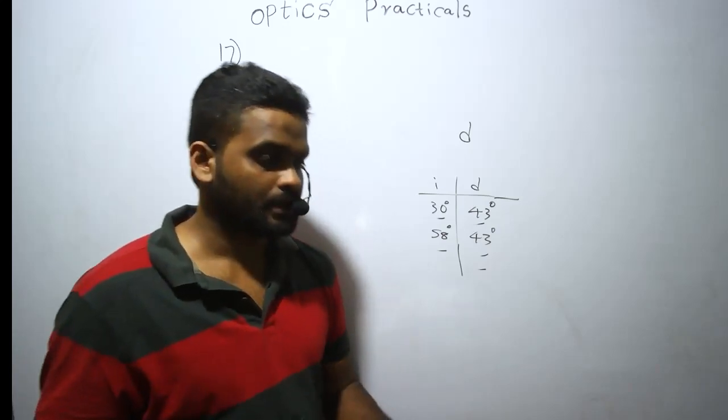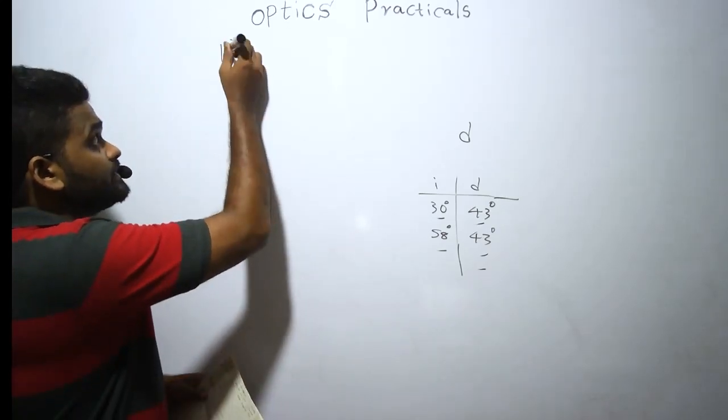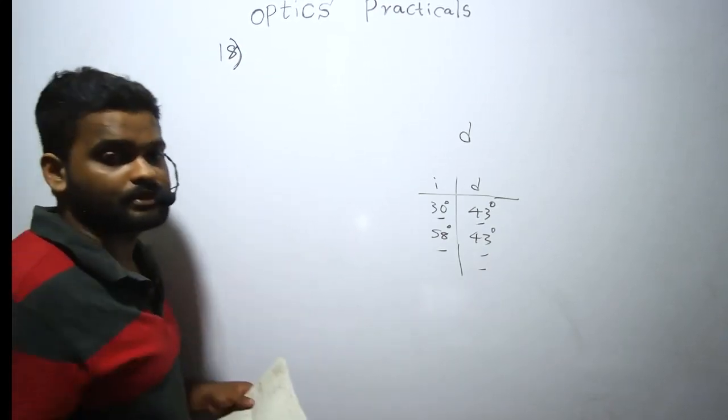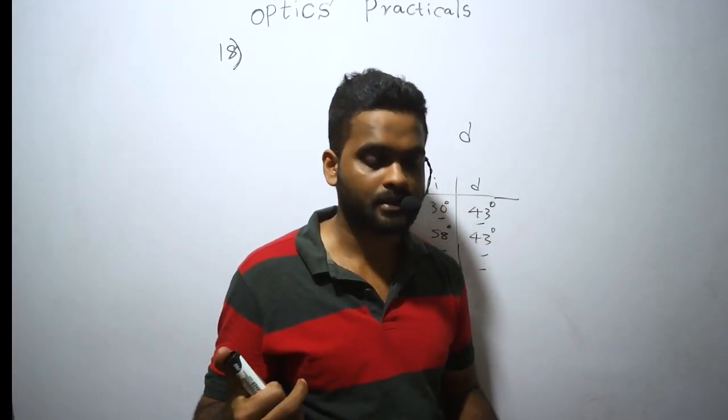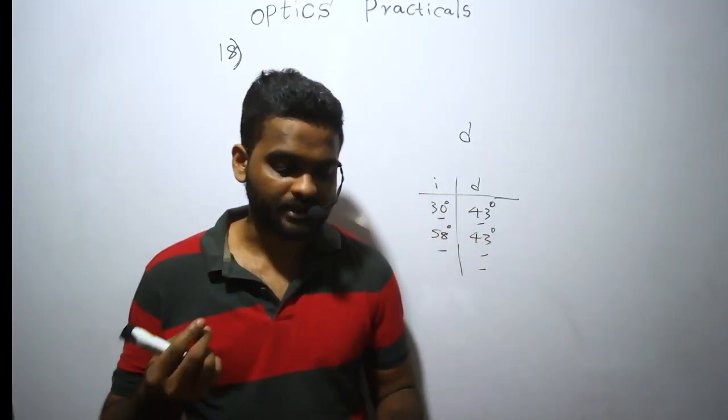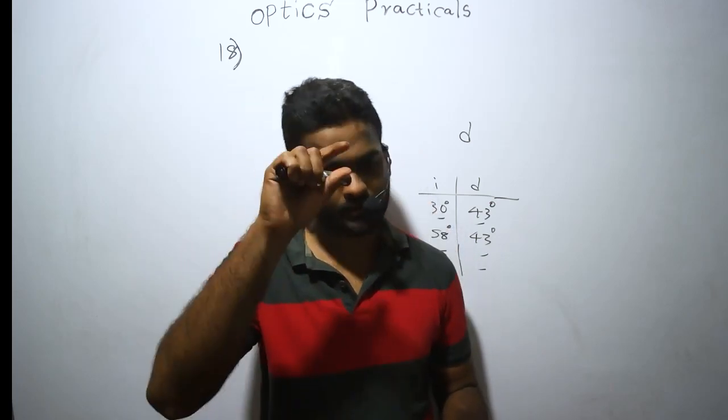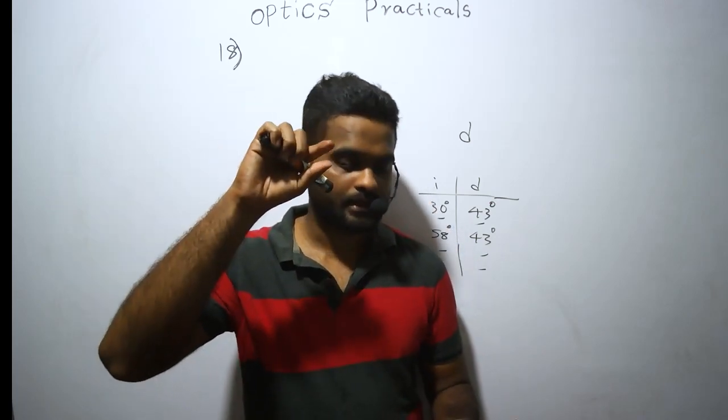Right. Then experiment 18. This is the last experiment today, right? This is the critical angle method. This is a very important practical as well, right? Determination of refractive index. Write down the topic.